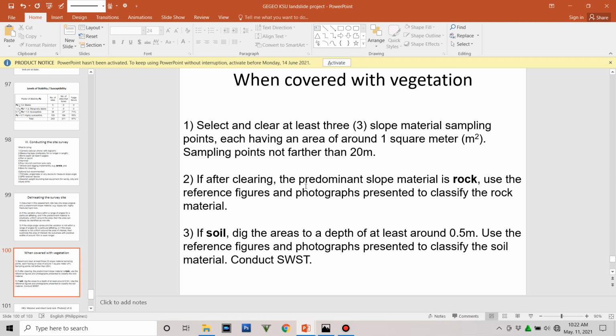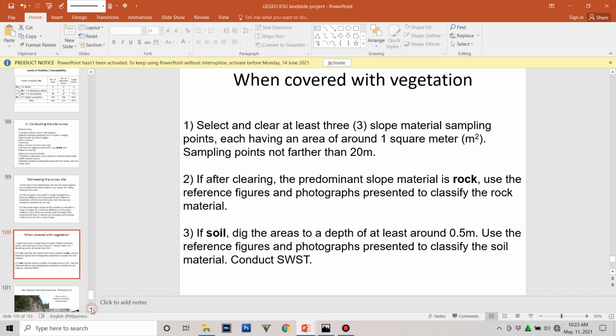After clearing, if the predominant slope material is rock, use the reference figures and photographs presented to classify the rock material. If soil, dig the areas to a depth of at least around 0.5 meter. Use the reference figures and photographs presented to classify the soil material. It is recommended that we conduct SWST testing.